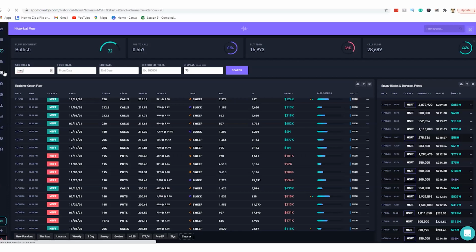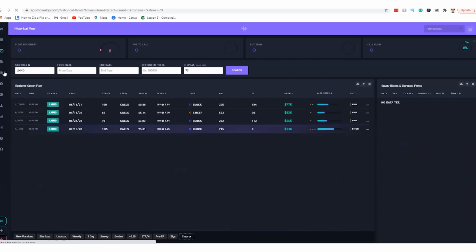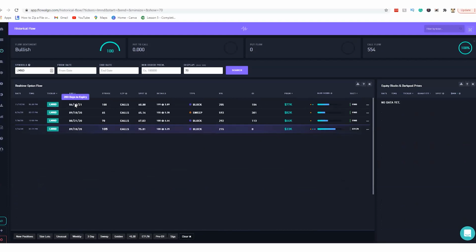So we take a look back. I'm just looking for a few days back when we were looking for those entries. And what do we have here? The closest thing that we had was November 19th. We had someone look for 100 strike calls by June, right? This was when the price was trading at $60.